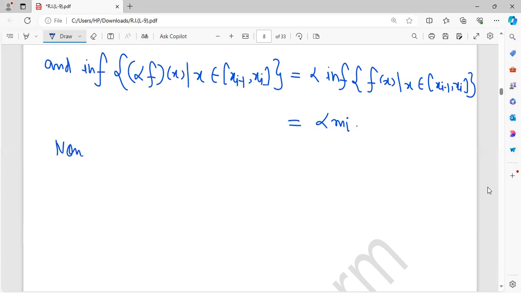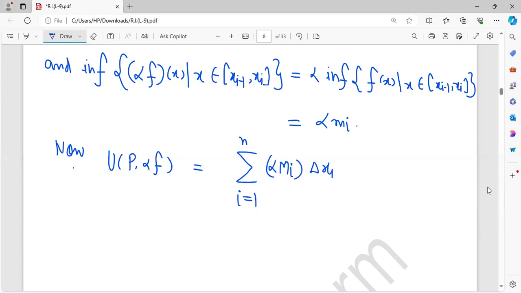Now, what is U(P, alpha f)? This is the summation i goes from 1 to n of the supremum of alpha f, which is alpha capital Mi delta xi.